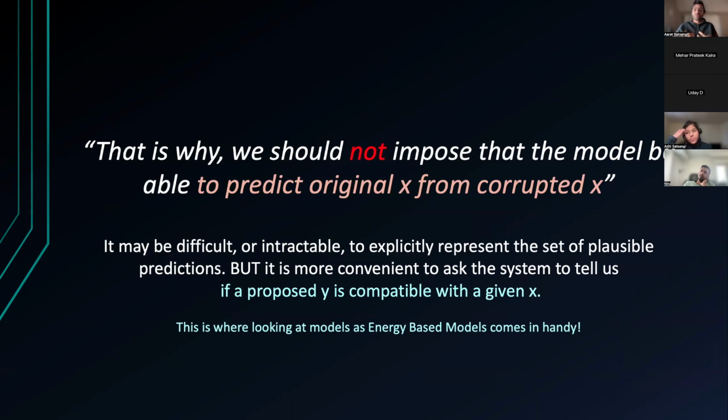We just want to know if the y that we have is compatible with the given x or not. This is where looking at models as energy based models comes in handy. So let's first look at what exactly energy based models are.